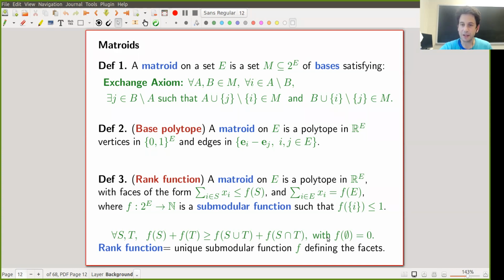And this is with the convention that we always take f of the empty set to be 0 for submodular functions. So actually, the function f here is uniquely determined by the matroid, by this polytope.